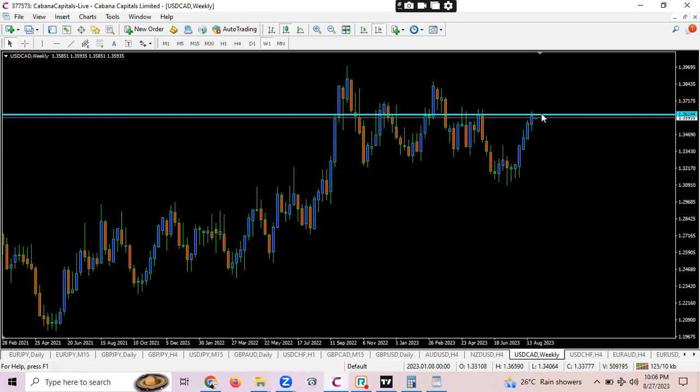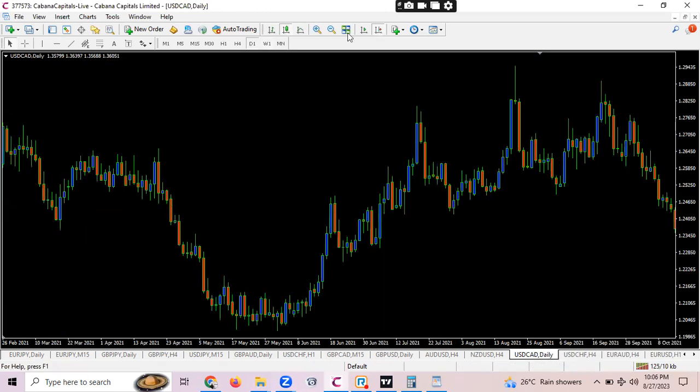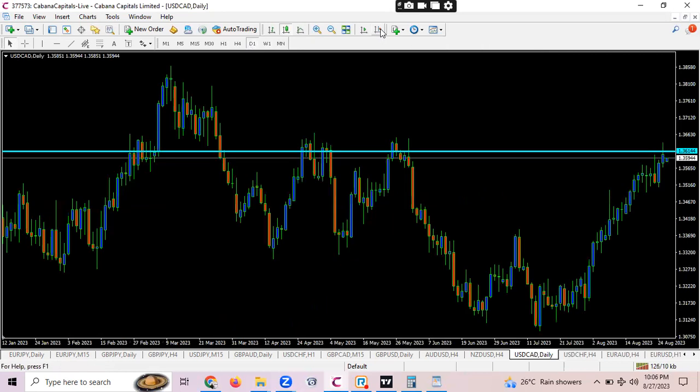If this resistance is broken, USD is likely going to continue with its bullish trend. If a 4-hour candle closes above this resistance level, USD CAD is likely going to continue with its bullish trend. But let's see what we have on daily and 4-hour.